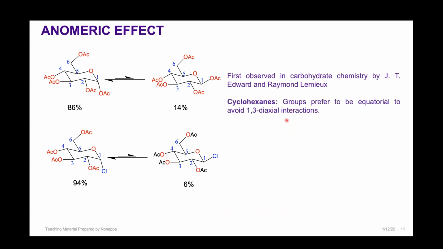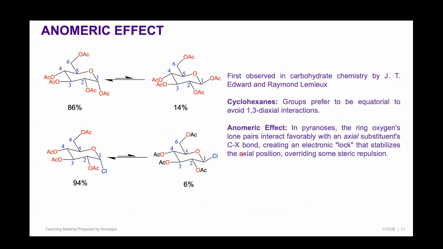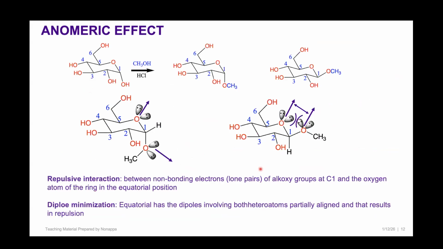They found that unlike in cyclohexane, the simple cyclohexane ring, where a substituent favors the equatorial position to avoid 1,3-diaxial interaction, in carbohydrates the axial isomers, with a hydroxyl group or electronegative substituent positioned axially, the alpha anomers, are much more favorable. Why this is favorable, we can look into more from the structural aspect.